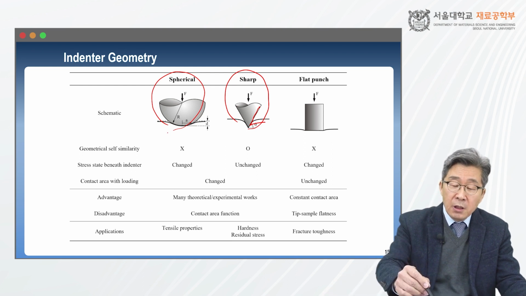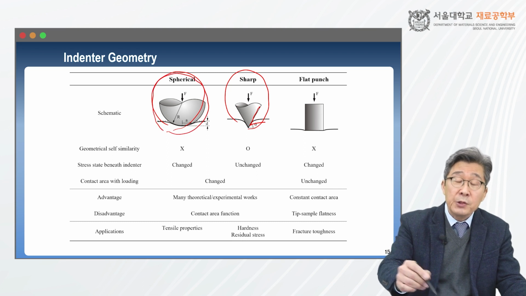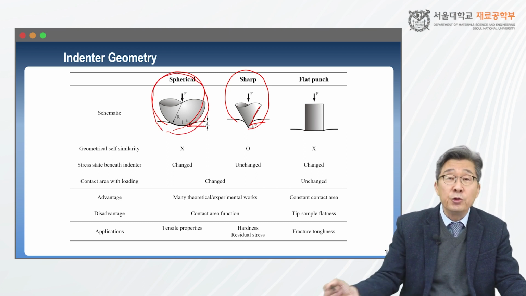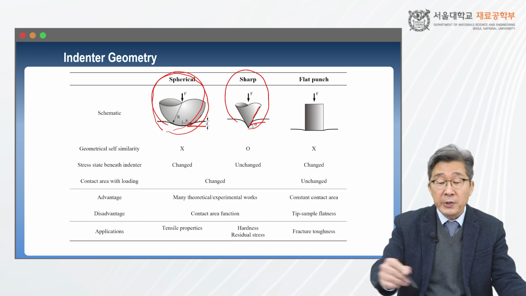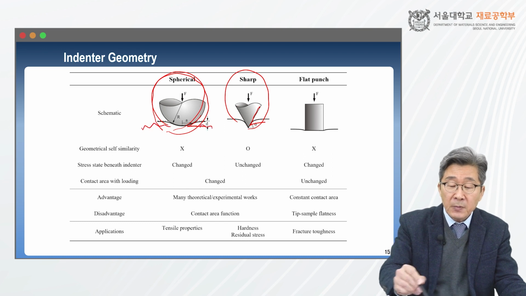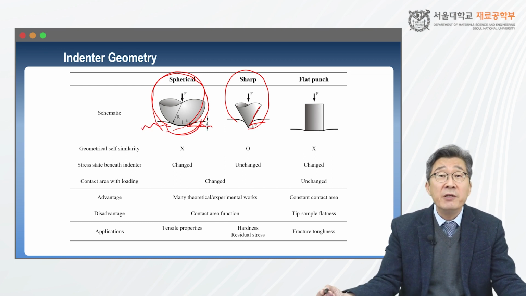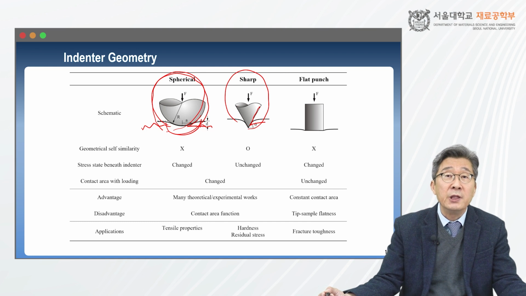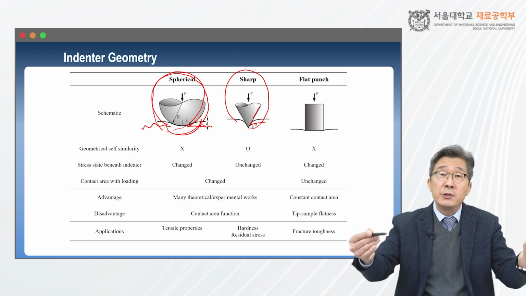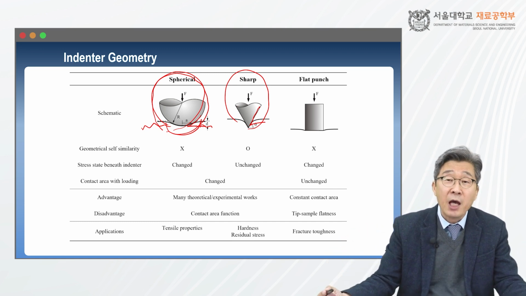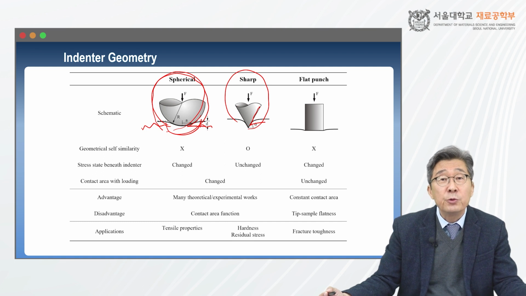However, spherical indentation produces a change in contact angle during the indentation. So surface strain, especially near the indenter, continuously increases during the indentation loading. This continuous strain increase during the indenting loading can be used to get the true stress-strain curve of target materials.